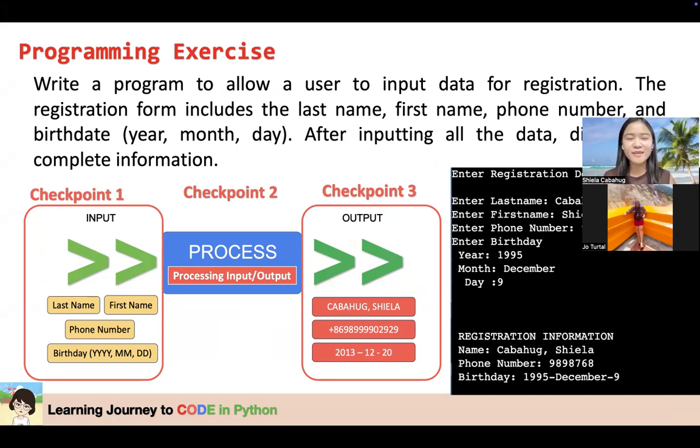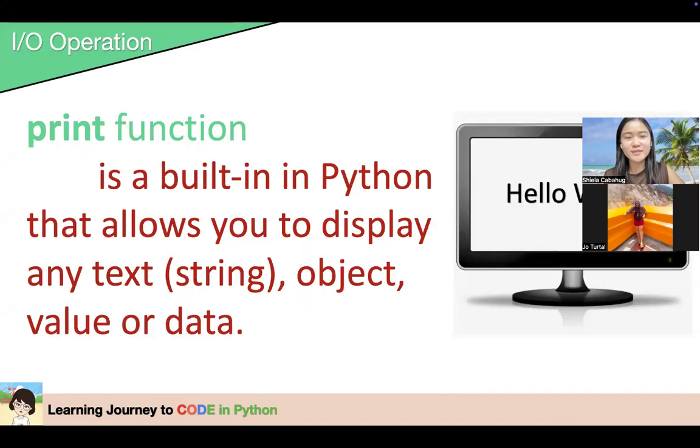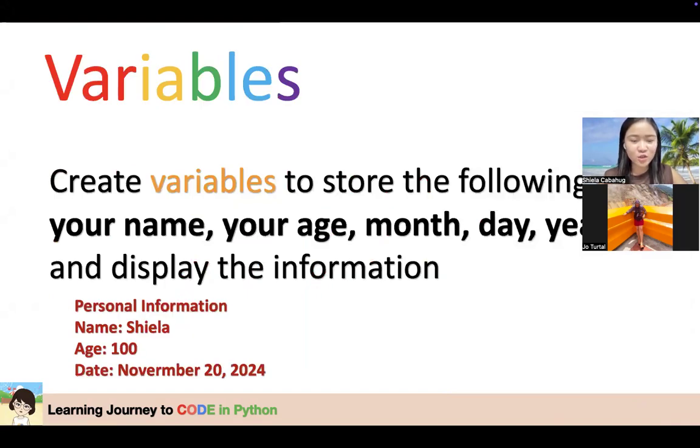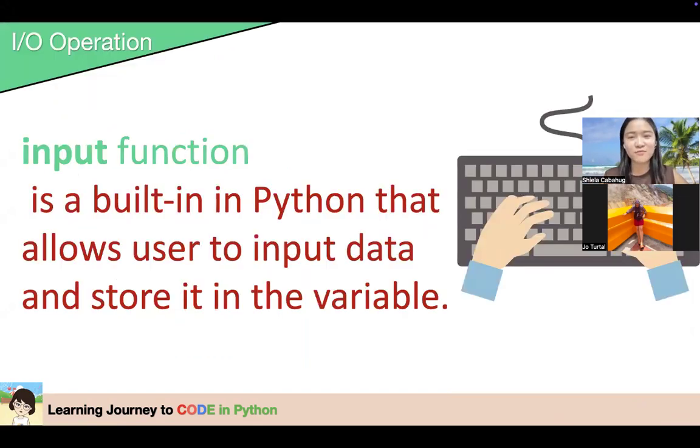For the birthday, you can separate it into year, month, and day. After they input that information, you're just going to show it in something like this manner. So you can practice with the print function to show variables, create variables to store data, and use input to provide the data.